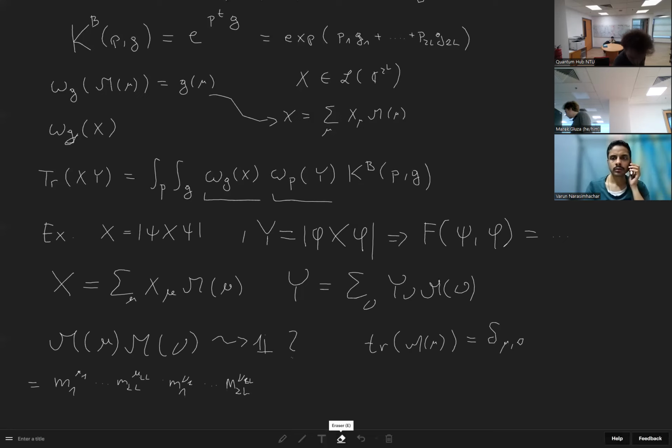This is just writing out the definition of the Majorana words. Basically the indices tell us whether we are placing a variable there or not.